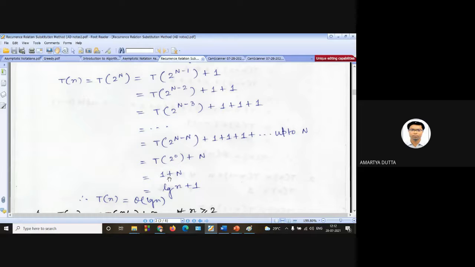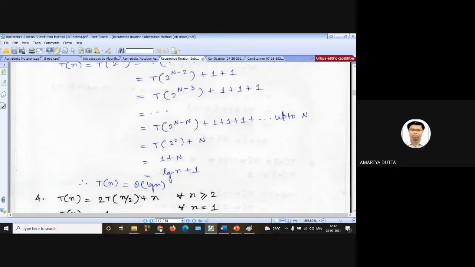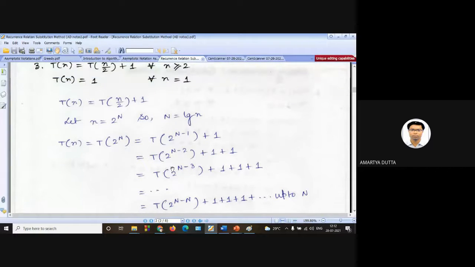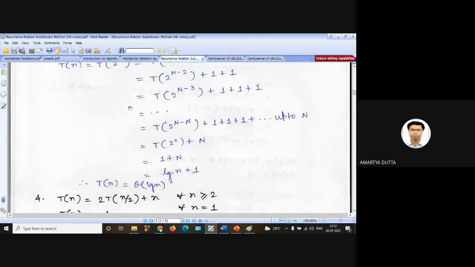So 2 to the power 0 is equal to 1. So 1 plus capital N, that is 1 plus log n. That's why the complexity is order of log n. So using the substitution method, I am getting order of log n. Is it clear? This is the recurrence relation of binary search, and from this, using the substitution method, I am getting the solution. Is it clear?